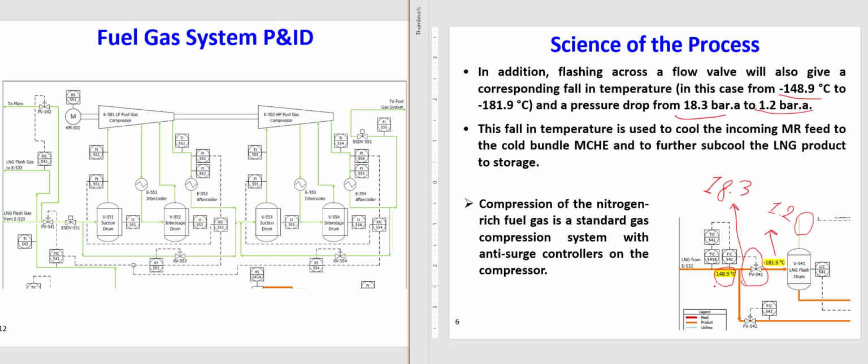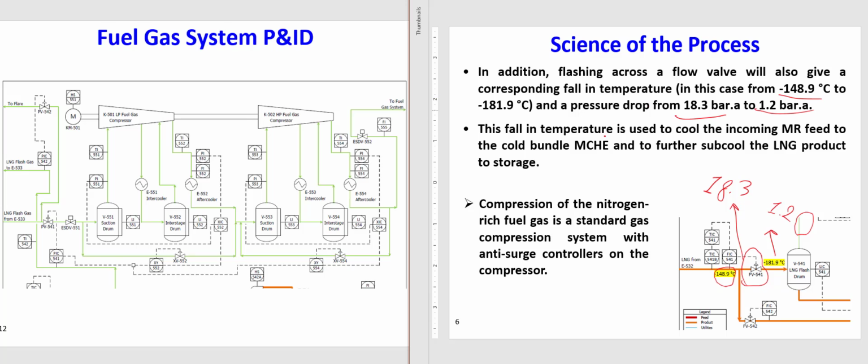I can maybe take advantage of this low temperature and send it to the heat exchanger to use in the previous cycle, where I have mixed refrigeration. This low temperature here is about minus 181, almost minus 182, and I can use it in the refrigeration cycle before this unit.